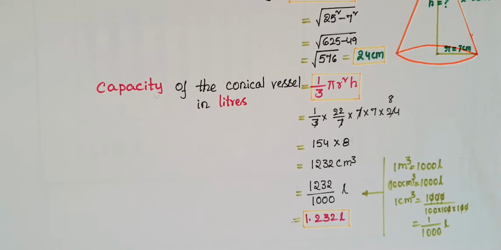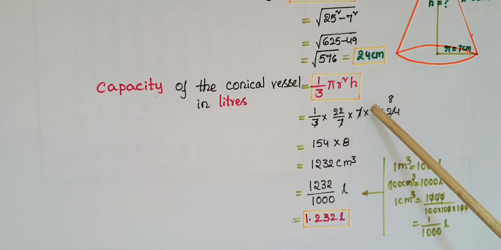Now we have to find the capacity of the conical vessel in liters, that is equal to 1 by 3 pi r square h. So that is equal to 1 by 3 into 22 by 7 into r value is 7 centimeters. So 7 into 7 into h value is 24. Then 3 ones are 3, 8s are 24 and cancel 7 and 7.